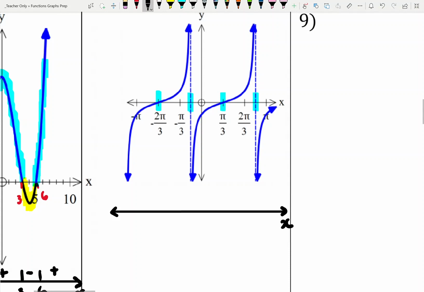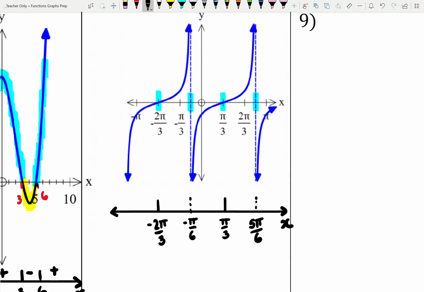They need to be marked. The axis intercept gets a solid line, at -2 pi on 3. The asymptote gets a dashed line, and that is at -pi on 6. Then we've got another axis intercept at pi on 3, and another asymptote at 5 pi on 6.